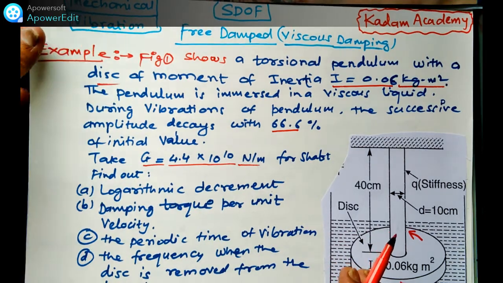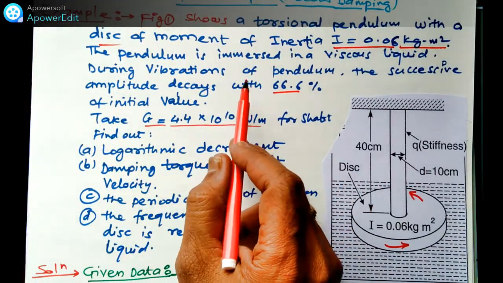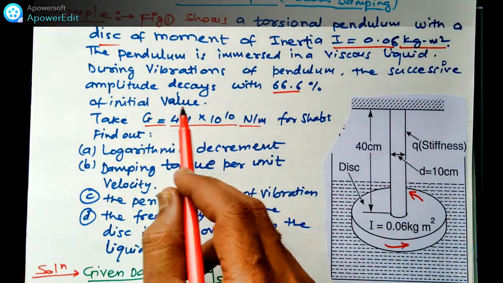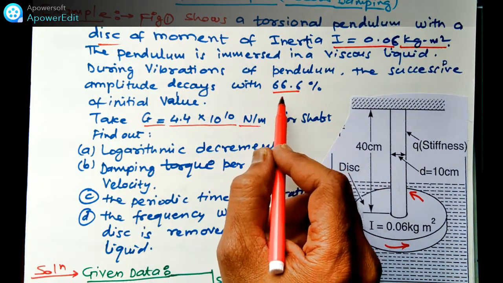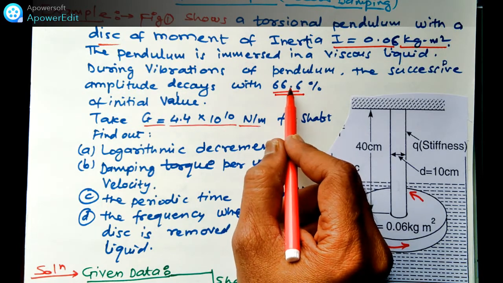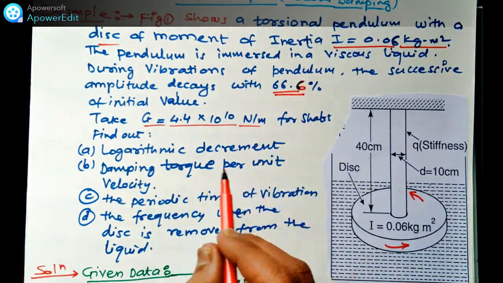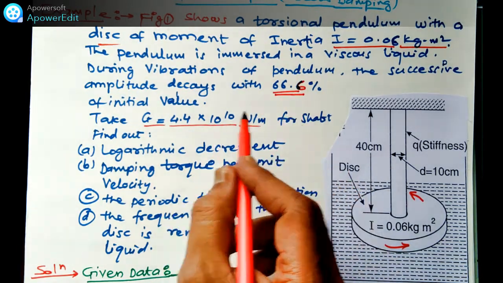During the vibration of this pendulum, the successive amplitudes decay by 66.6%. This much decay will be there.